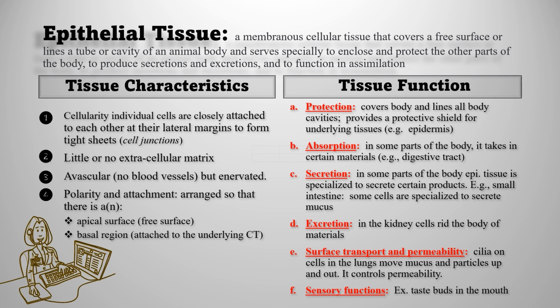As a transporter, there are specific structures called cilia on the top surface. These cells in the lungs remove mucus and particles up and out.